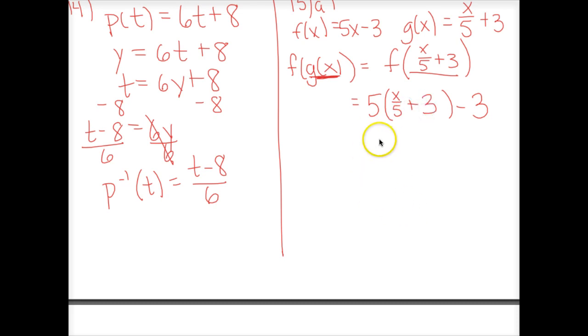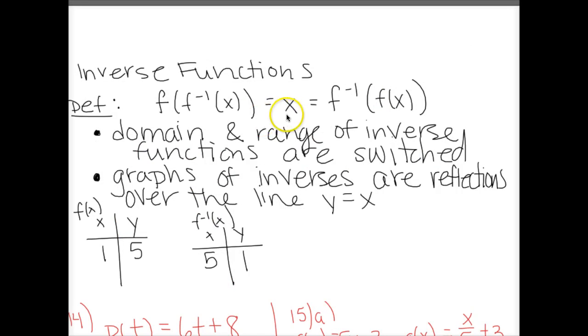All right, now I just need to simplify. So distribute by 5. 5 times x over 5 is just x. 5 times 3 is 15, and then minus 3. I get x plus 12. If they are inverses, I'm supposed to get x.